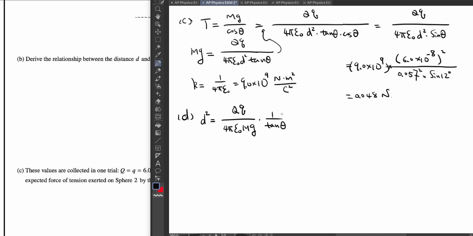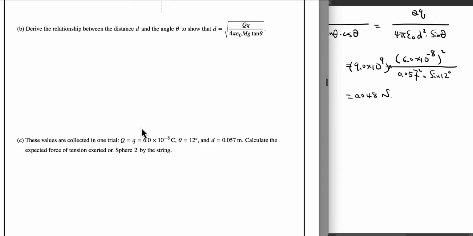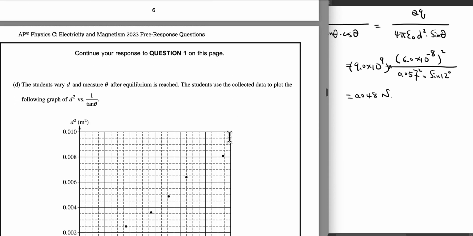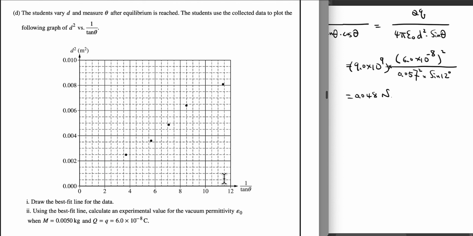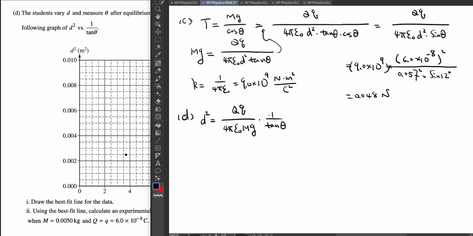So I want to single out this 1 over tangent theta because the experimental data is collected against 1 over tangent theta. So I want to use this as the x-axis and d squared as the y-axis.